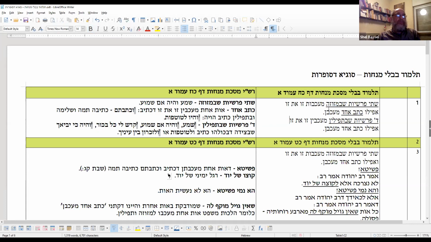In any event, from the plain understanding of the Mishnah, according to Rashi, if you're missing even one letter, in other words, not only if you're missing one parsha, but even one letter, then it holds back the mitzvah.